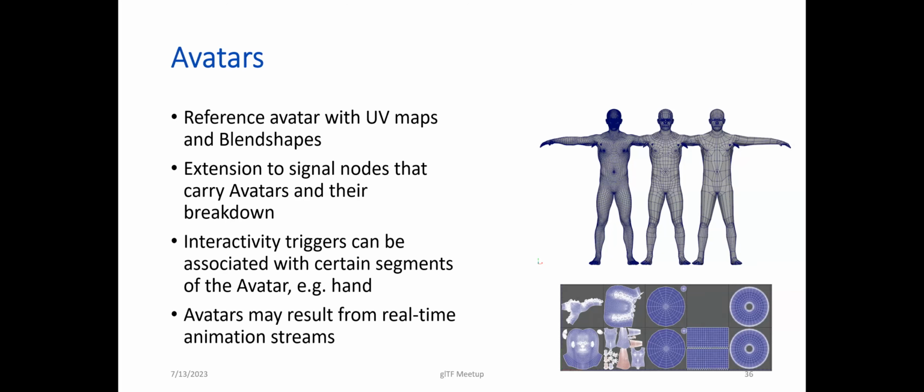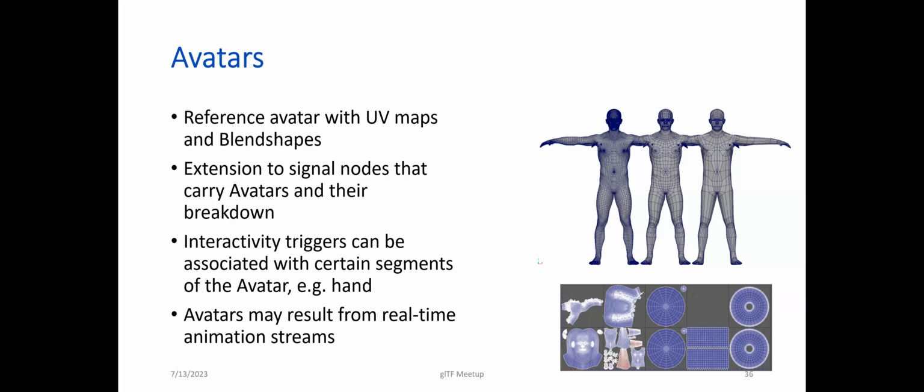So that's the idea. So we want to describe the avatar in a segmented way so that you know, for instance, these are the hands, and you can associate interactivity with these segments of the body. Like the hands or the fingers, you can associate, for instance, a proximity or a collision trigger with them to activate certain actions.